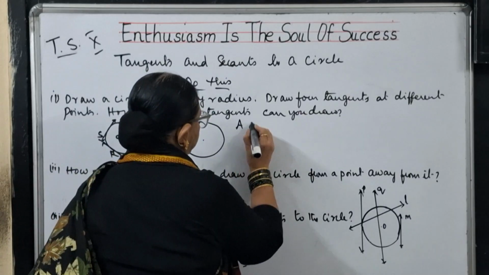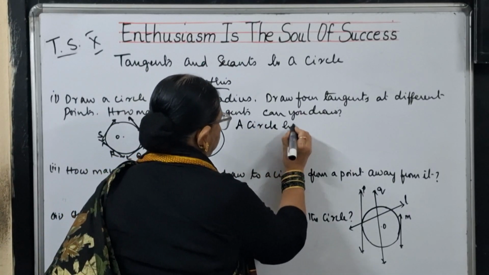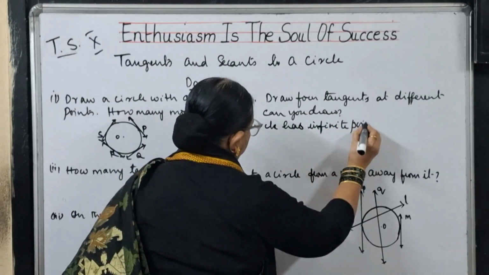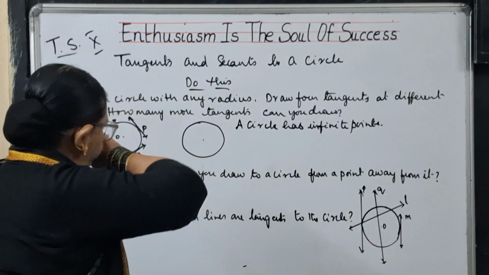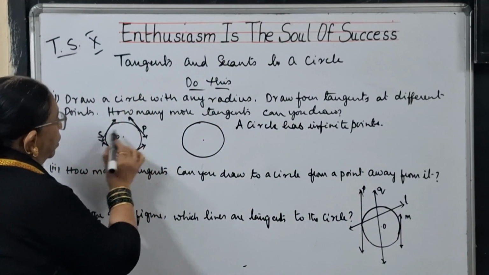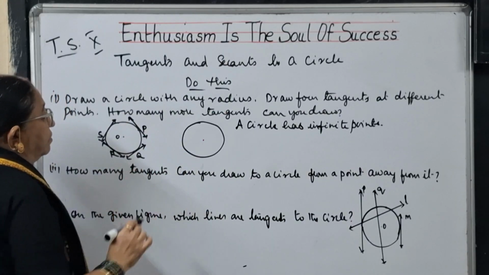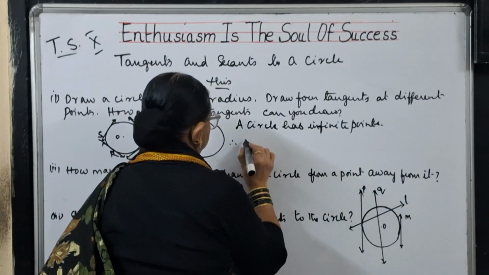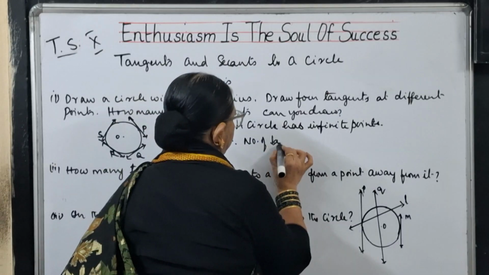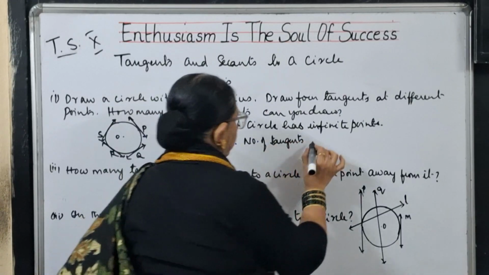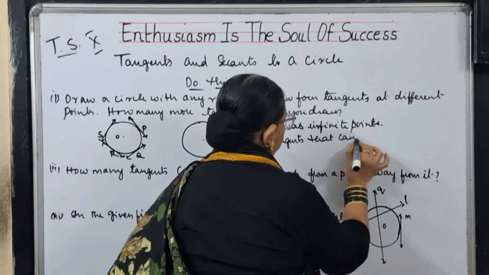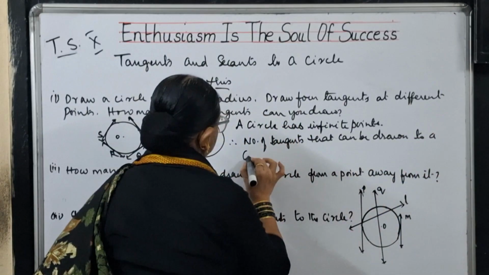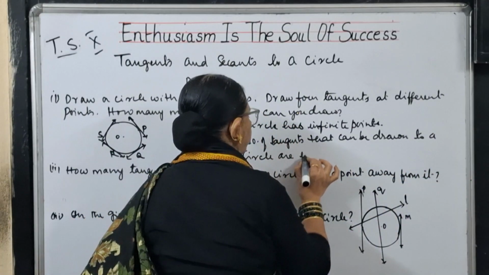So when you are able to draw tangents from 4 different points on a circle, from each point you can draw a tangent. Therefore, the number of tangents that can be drawn to a circle is infinite.